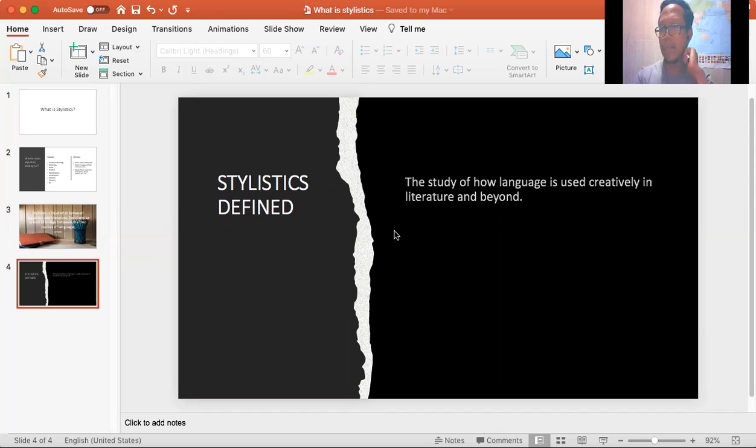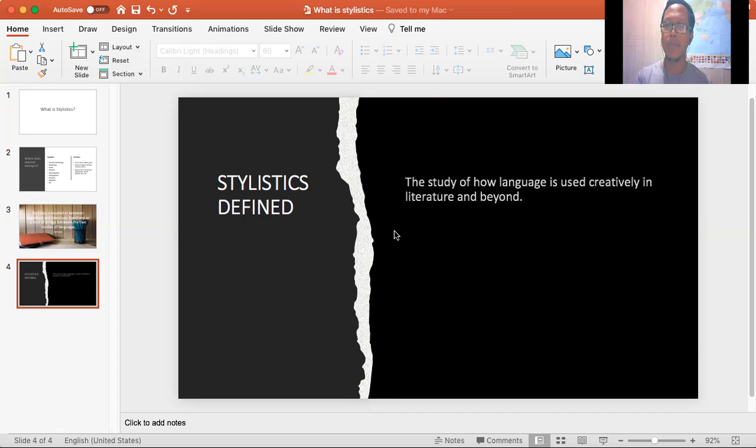If you see that it has become a kind of bridge, it actually tries to explain how the linguistic aspects of a language are creatively used in literature and beyond. So the focus of the study will be on the literature, but what is being studied is how that literature is an example of creative use of language. That is the other way to say this definition of stylistics.